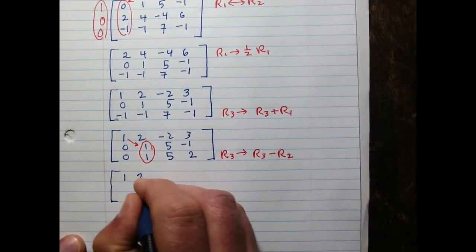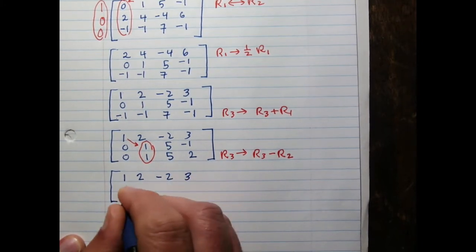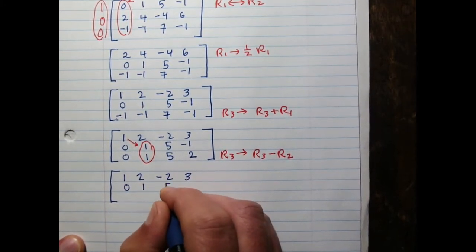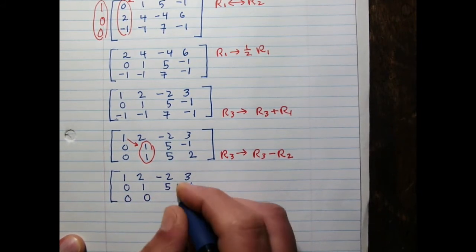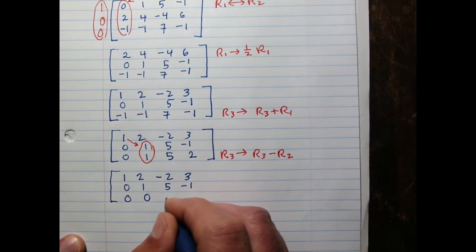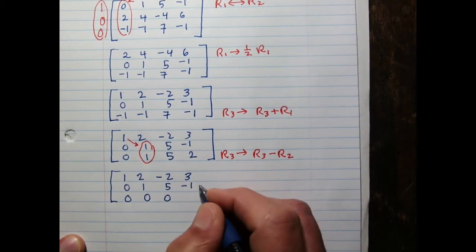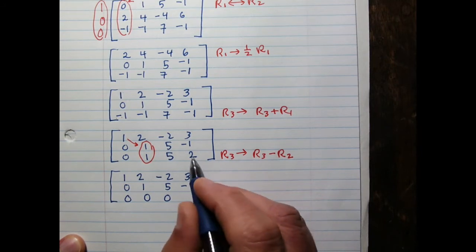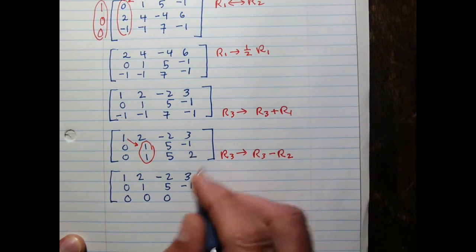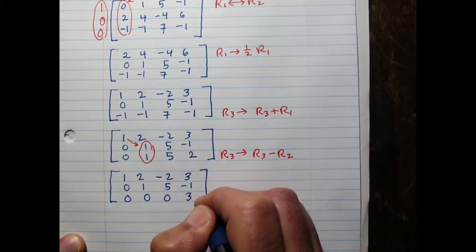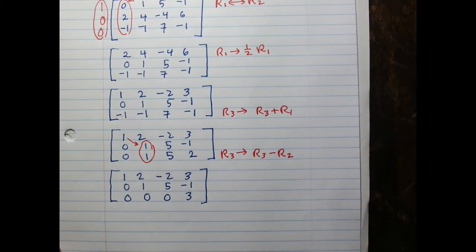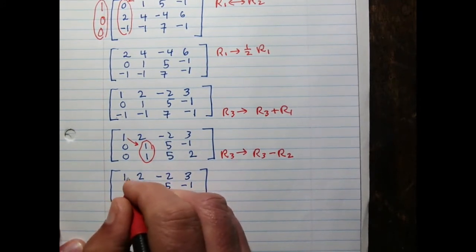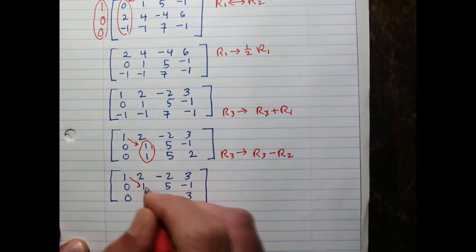And I have 1, 2, -2, 3, 0, 1, 5, -1, 0, 0, and I'm going to get 0, correct? And then row 3 minus row 2: 2 minus, I think that's 3. Now I've got 1s with 0s below, 1s with 0s below.